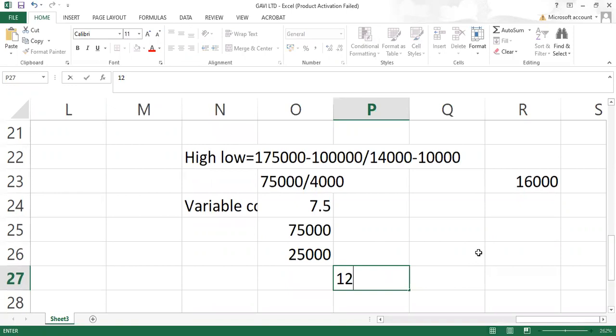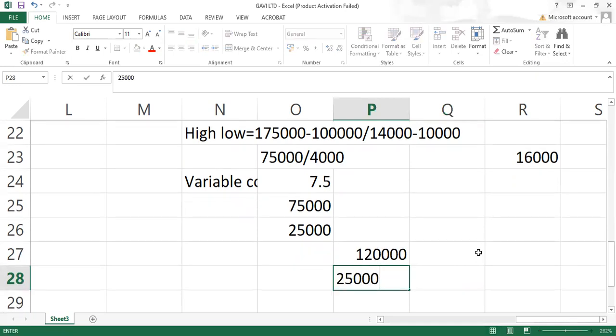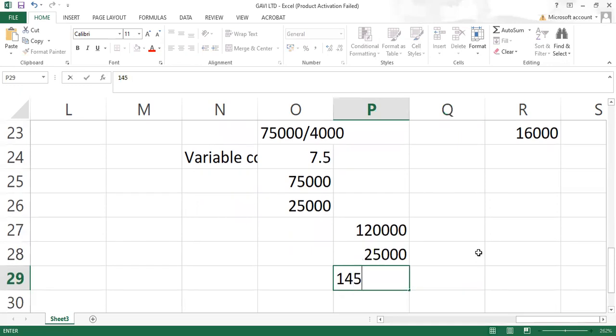That is how much? 120,000, isn't it? 120,000. That is the variable cost. But the material cost also includes a fixed cost of what? 25,000, isn't it? Yes. So the actual cost for the material now will be what? The variable cost plus the fixed cost, isn't it? Yes. 145,000. That is how we go about the high-low.